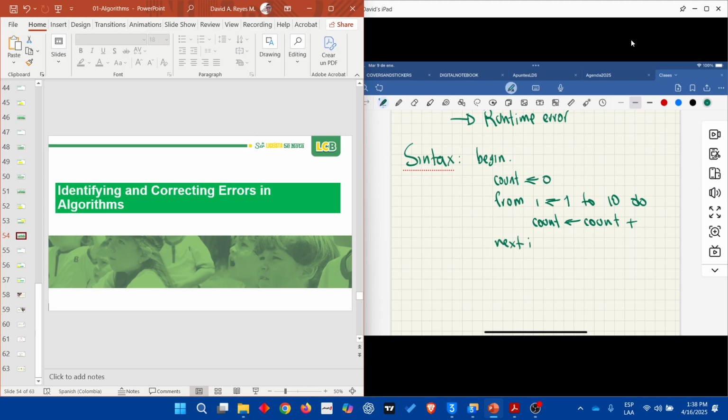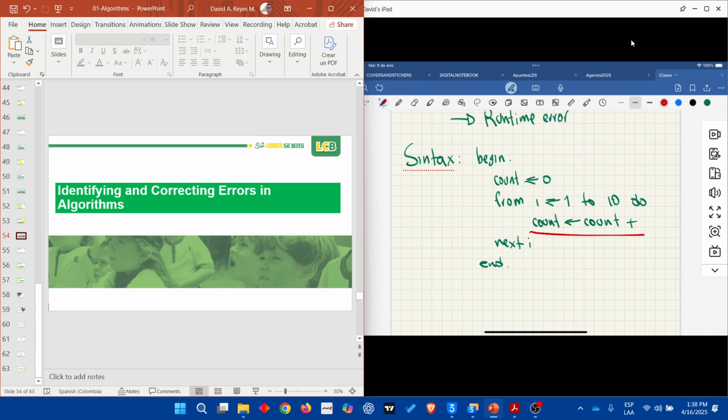Next e. End. Let's suppose the purpose of this algorithm is to show you a counting. So here we have one syntax error.